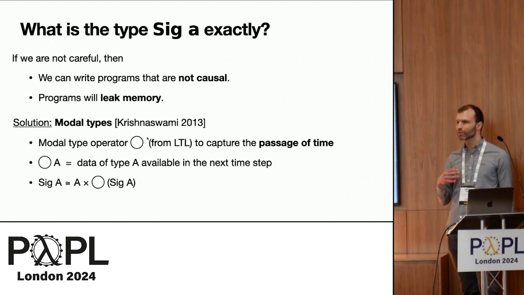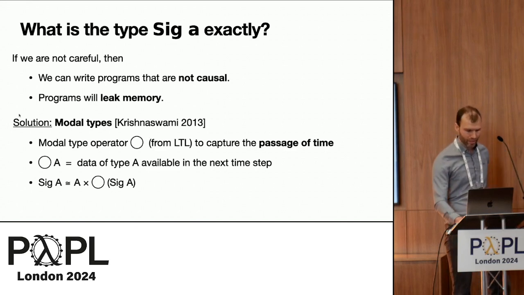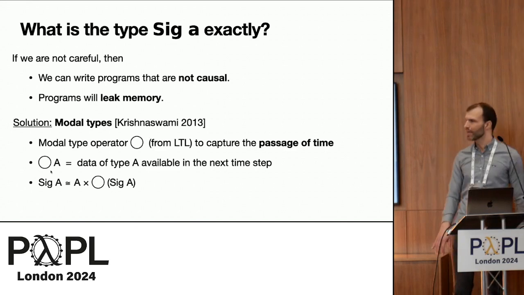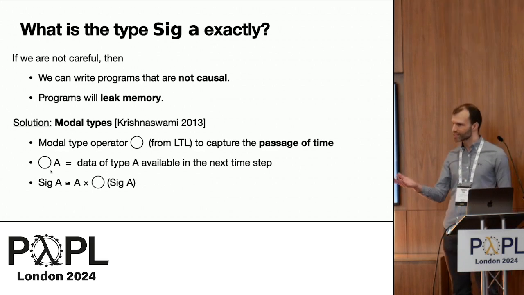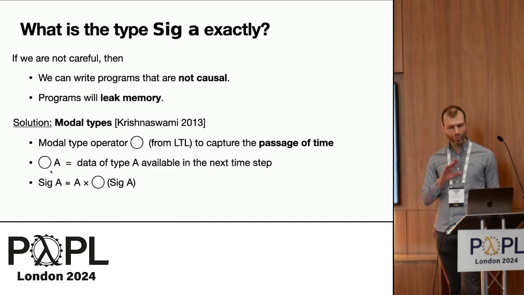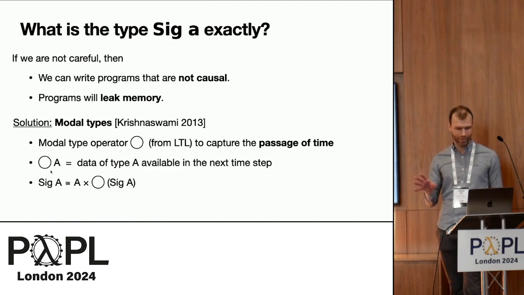We use this to capture the passage of time. So how does data pass through our system over time? Now we can express a type like this, later A. It says we have data of type A, but it's not necessarily available now, but in the next time step. So we can make more precise statements about when data is available.